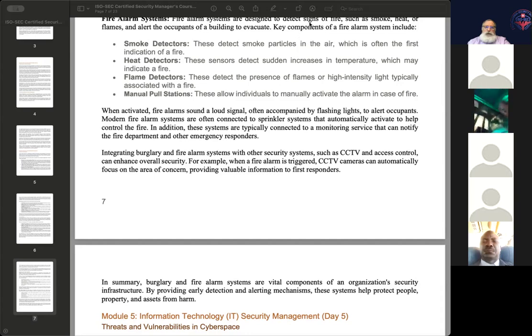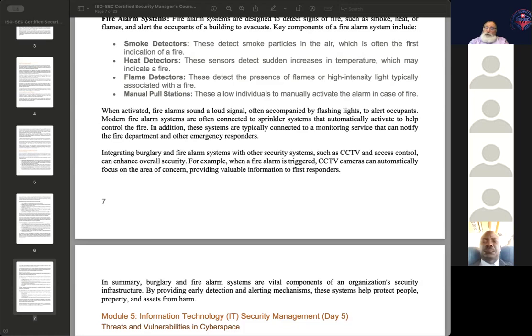The difference, as I said, between a security system and the fire alarm system is that in security systems we don't have such strict specifications in the quality as we have in fire alarm systems. Fire alarm systems are all produced under specific technical specifications.